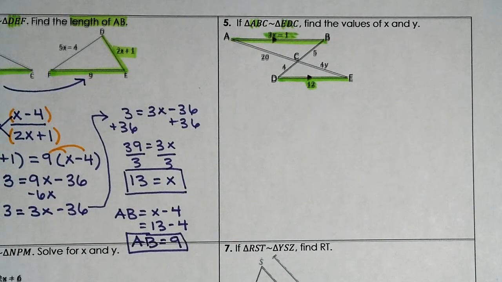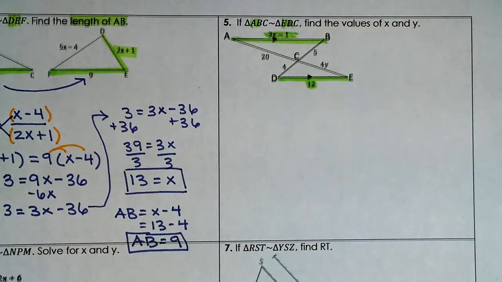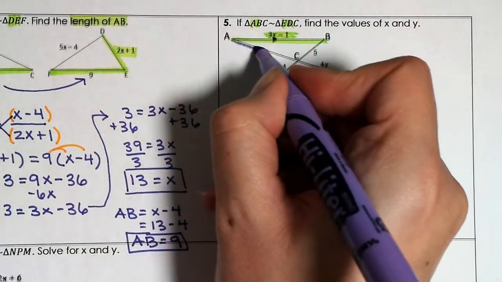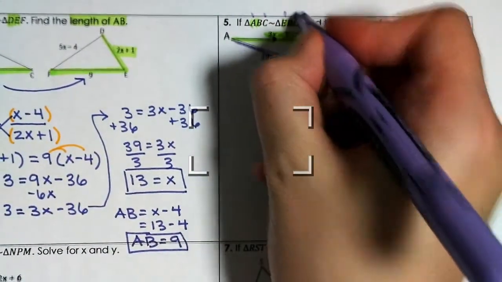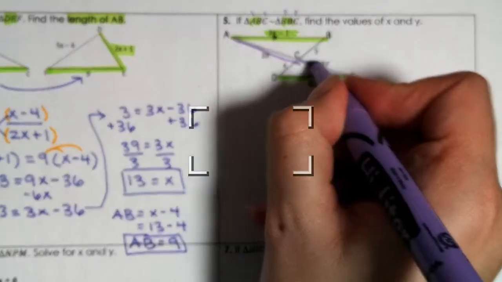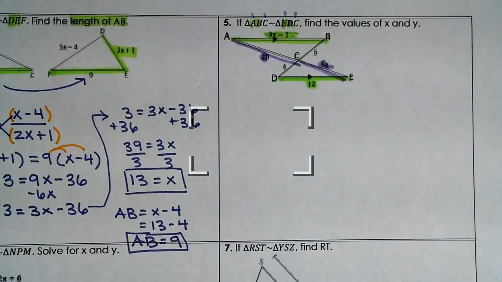I'm going to use another color here. I have AC right here. Looking at my similarity statement, I know AC is going to match with EC right here. So these two are going to match. So I'm going to use those in separate proportions.